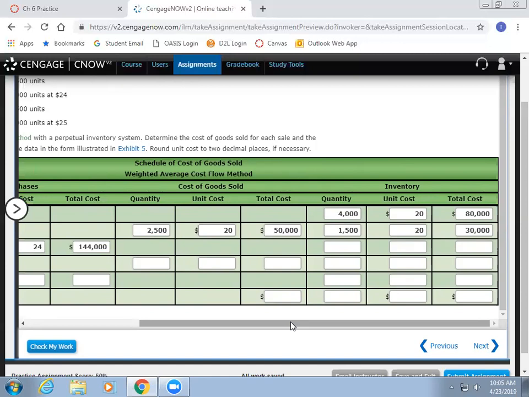So your average price per unit is going to equal $174,000 divided by 7,500 units. Your average price is always total cost divided by total number of units.